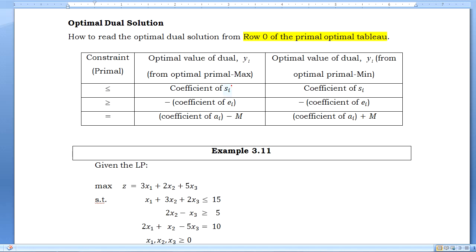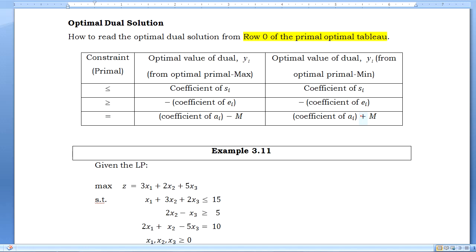If the sign of the ith primal constraint is greater than or equal to, then yi is the coefficient of ei times negative. And if the ith constraint is an equality constraint, then yi is equal to the coefficient of ai, then minus M if the primal is a maximum problem, or plus M if the primal is a minimum problem.